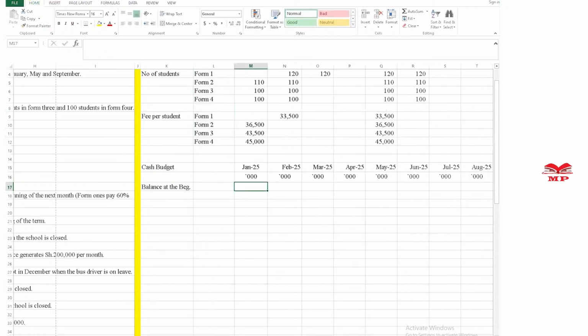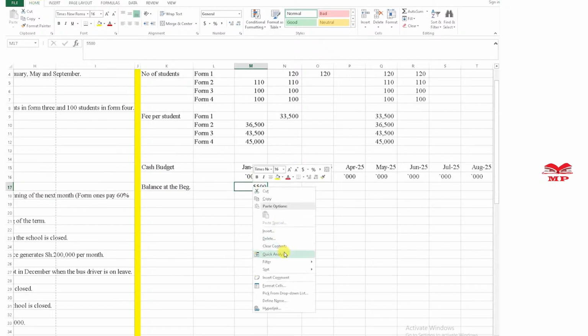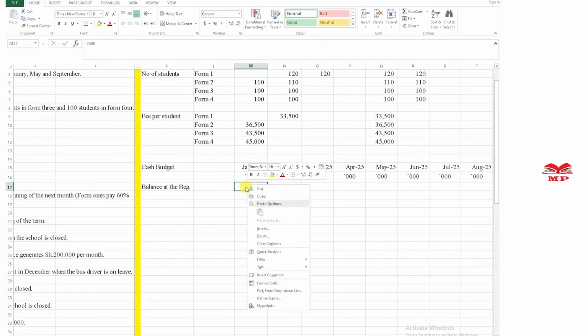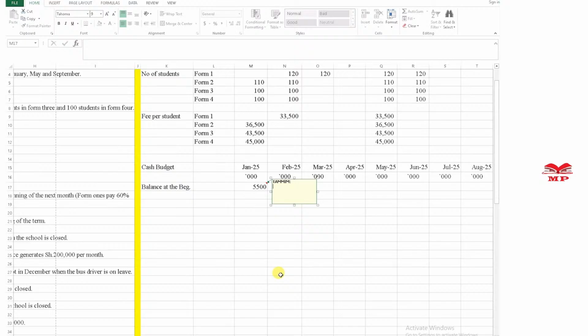I can just insert a comment, right click over here, insert a comment and say note number 14. So that when you hover like that, you can see it's note number 14 there.